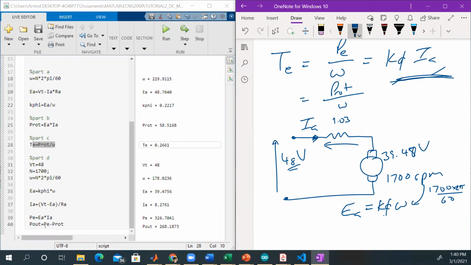So the output power is now that electromagnetic power, which is now non-zero. And we're going to minus from that the rotational losses that we assume is constant, right? So the assumption of constant rotational losses is simple, but it is often used. Obviously, the faster you turn something, the greater the wind resistance would be.